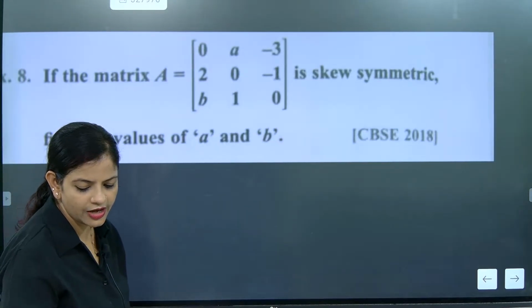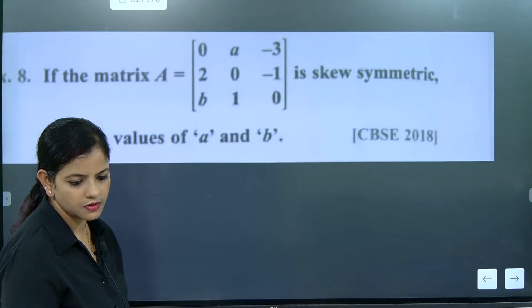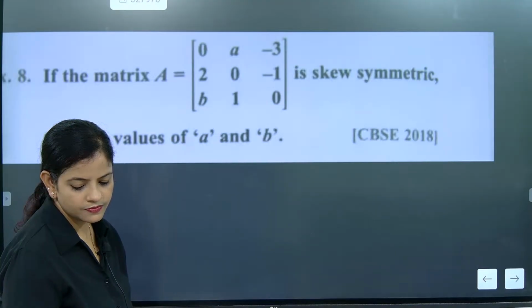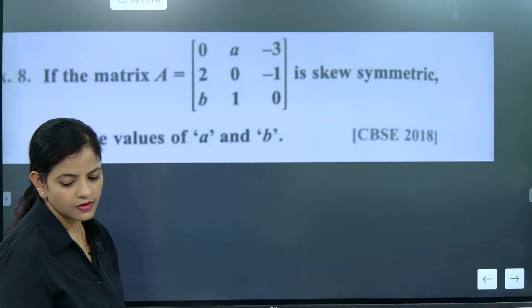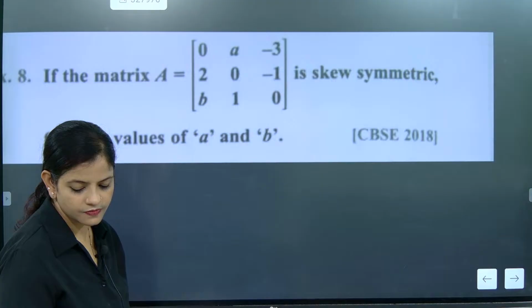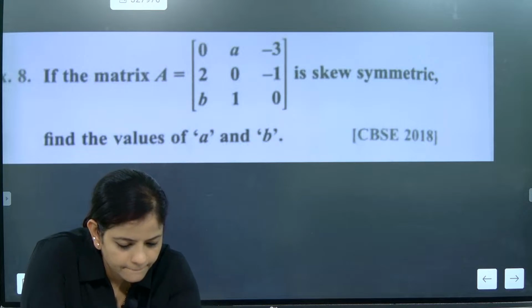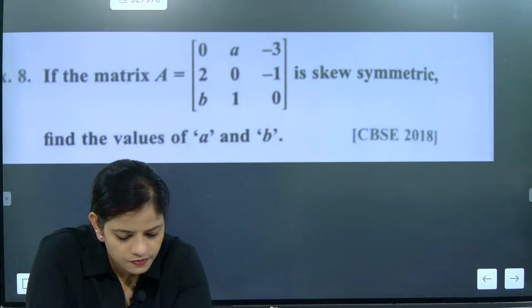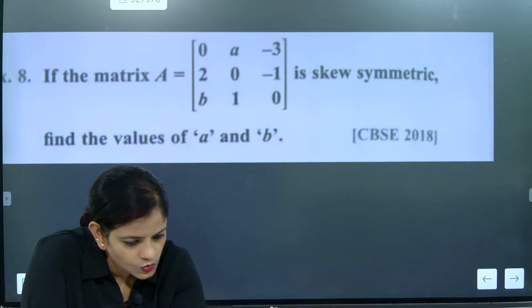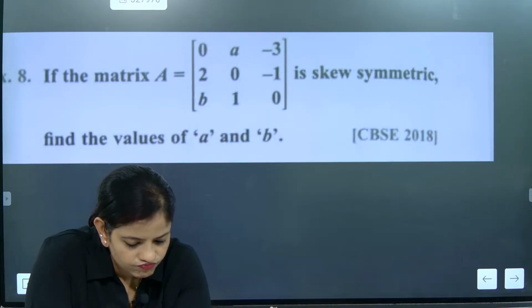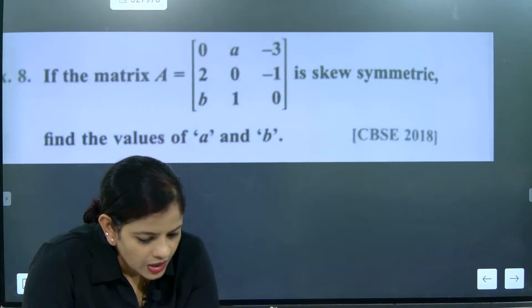Just type and send me the answer of A and B. Okay, Ritish has given the answer minus 2 comma 3. Let's see what is the correct answer.